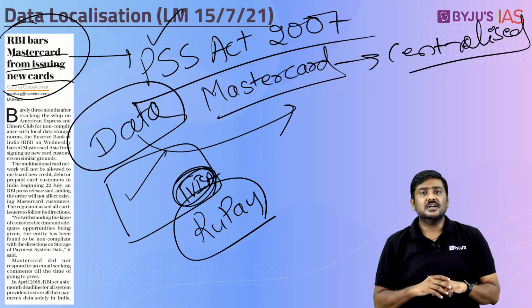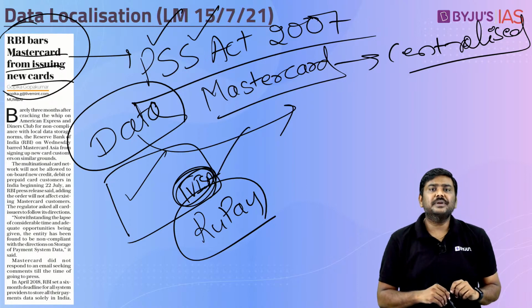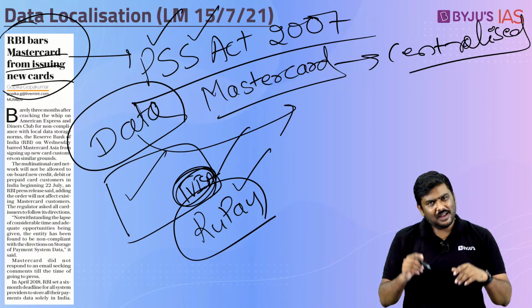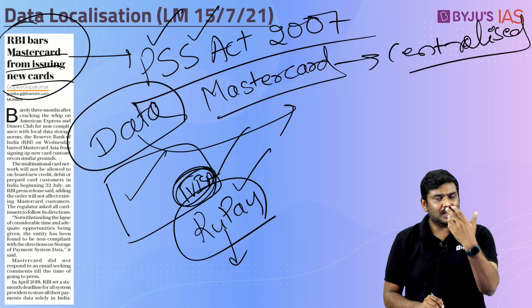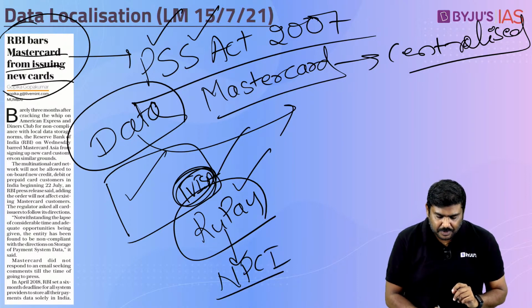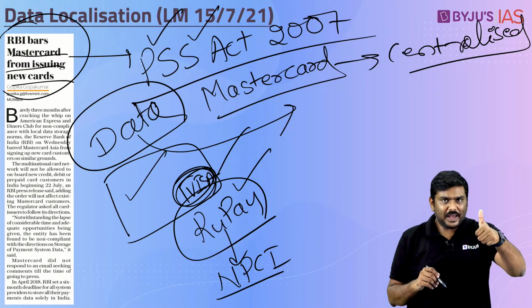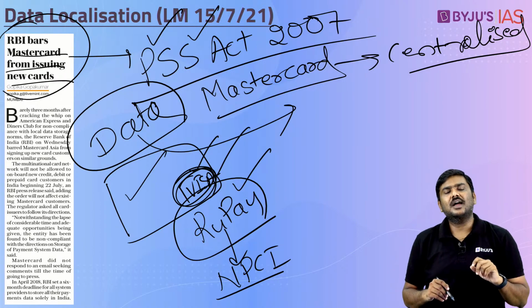So understand this, under the PSS Act, RBI has allowed the Visa company to operate in India. RuPay, again, although we are not going to directly use RuPay, we are going to use the institute or the authority which has designed RuPay, that is NPCI, National Payments Corporation of India. So RuPay has been allowed, that is NPCI, Visa has been allowed, Mastercard has been allowed.